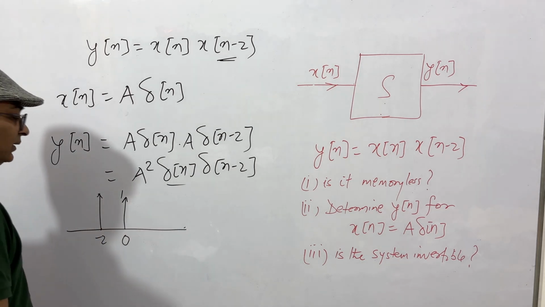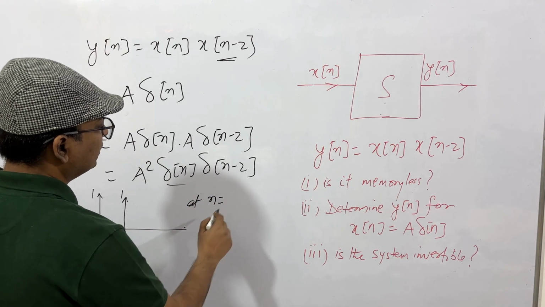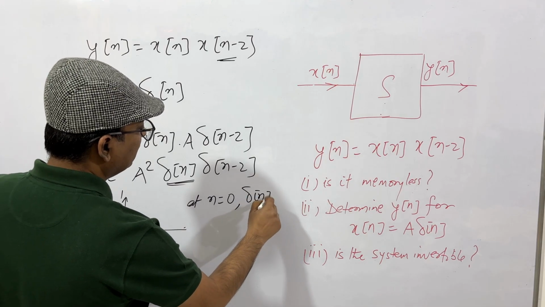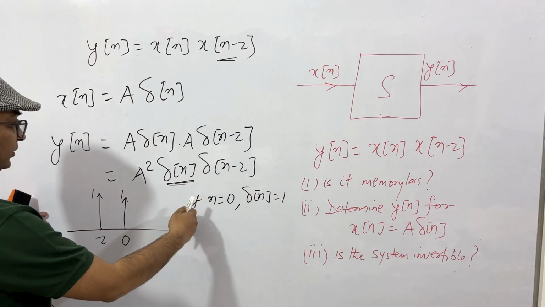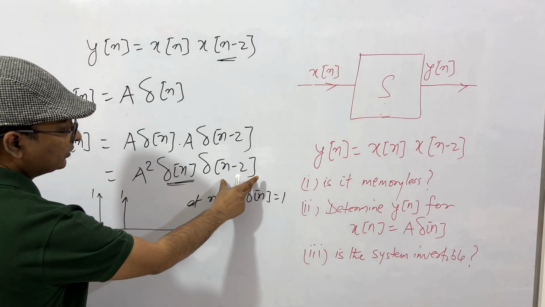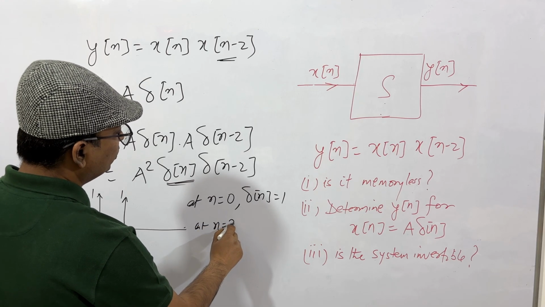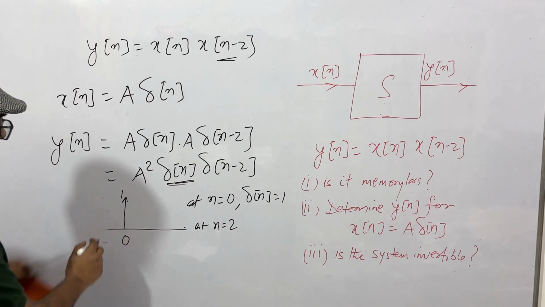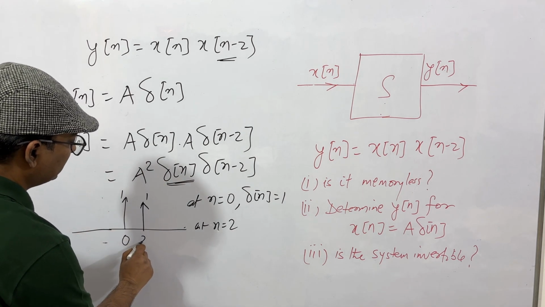So the point to understand is that at n equal to 0, this delta[n] is 1 and everything else is 0. Actually, this is n minus 2, so the shifted impulse has to be to this side.